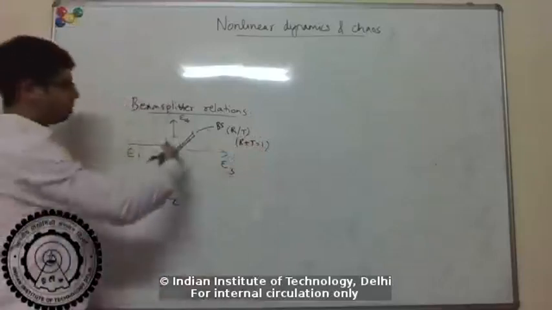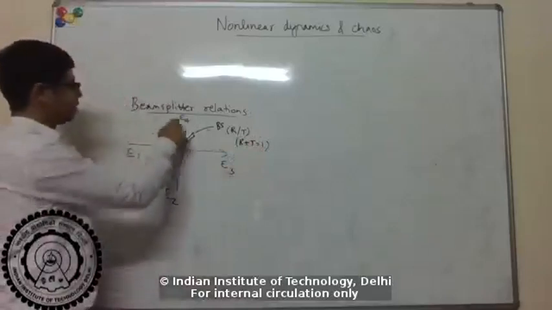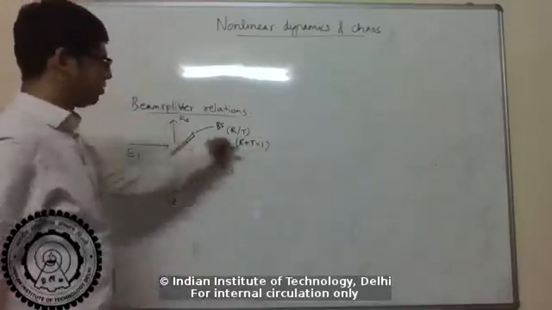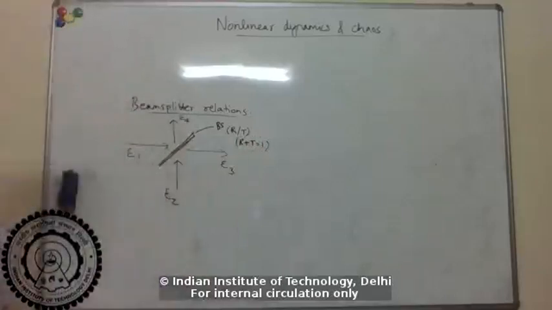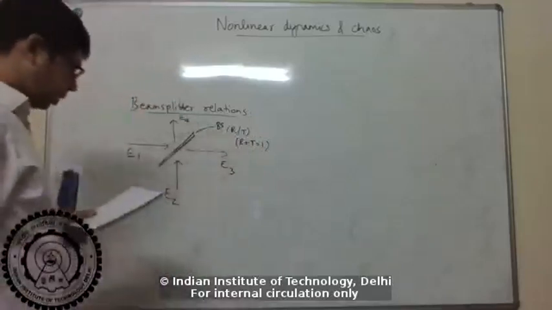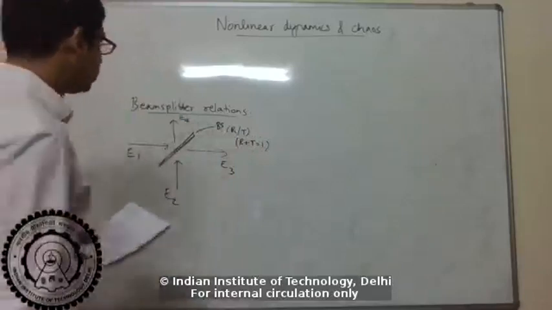For example, a 50-50 beam splitter, if I send in some power from one of the input ports, will send 50% on one side, 50%. So 50% is reflected, 50% transmitted. Those are the R and T.